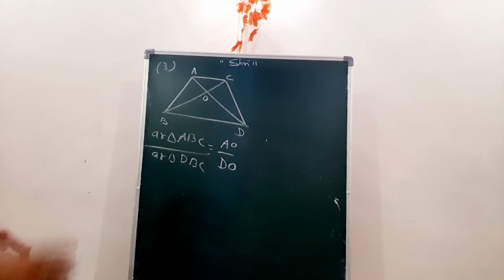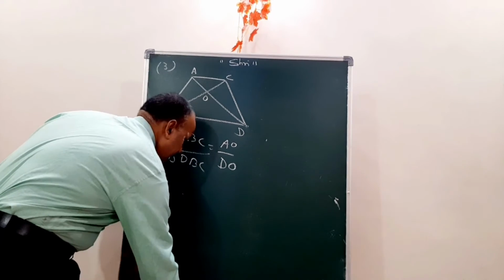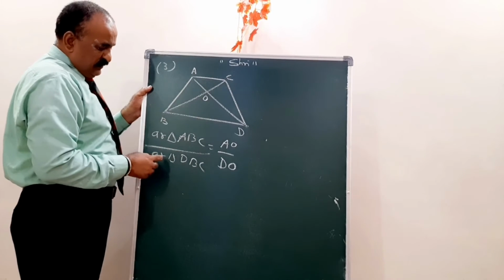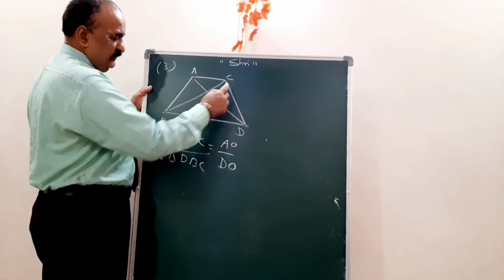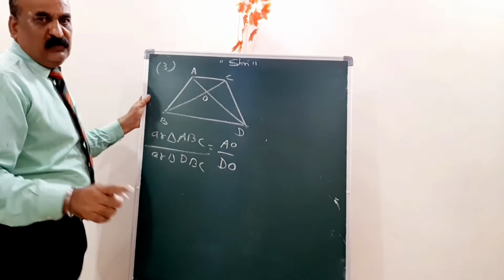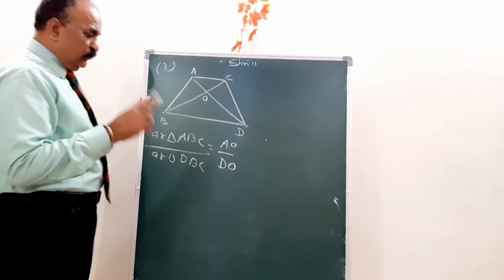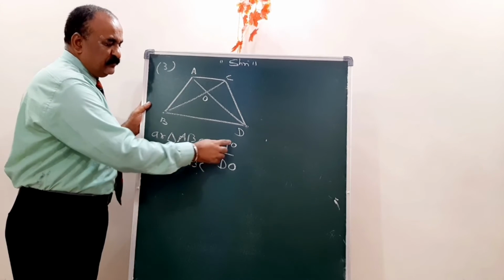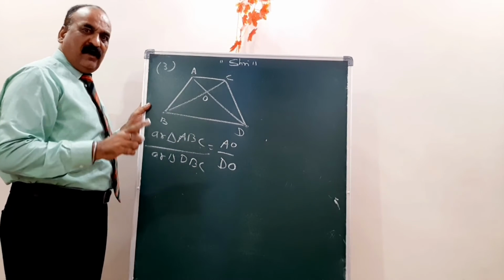What do you have to show, beta? You have to show that area of triangle ABC upon area of triangle DBC is equal to AO upon DO. So let us see how to prove.